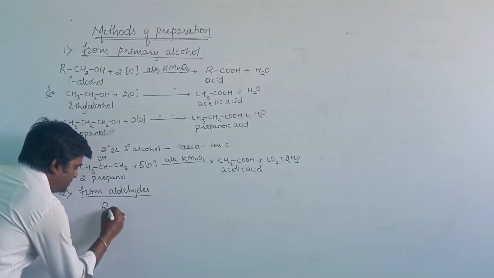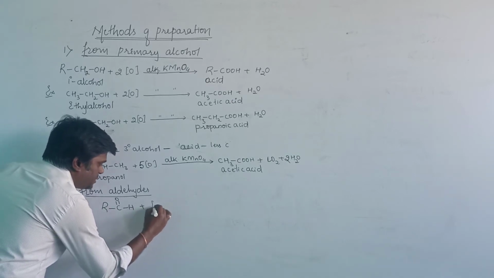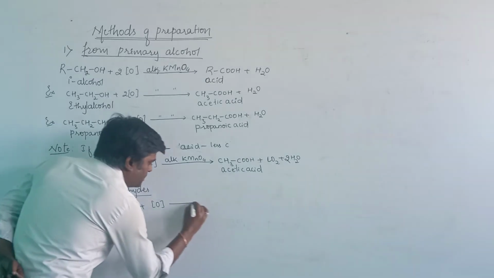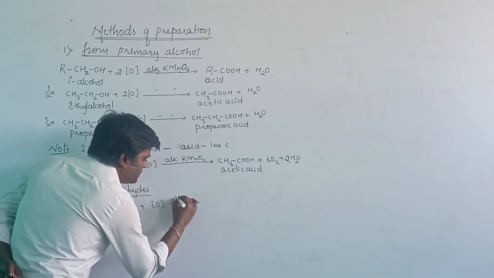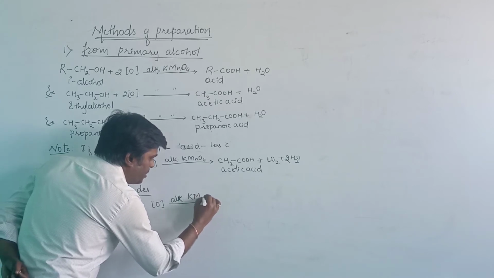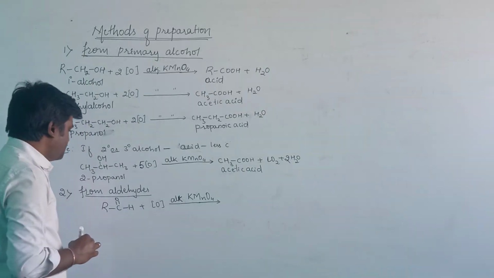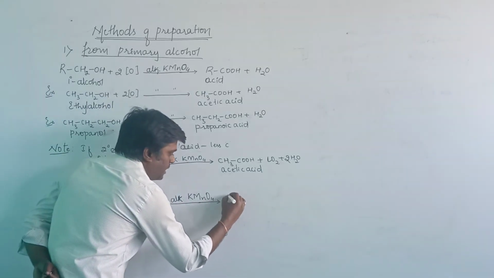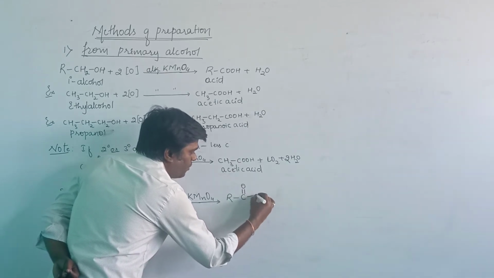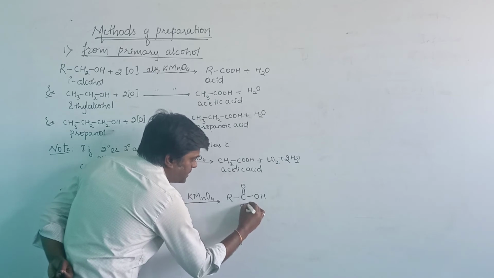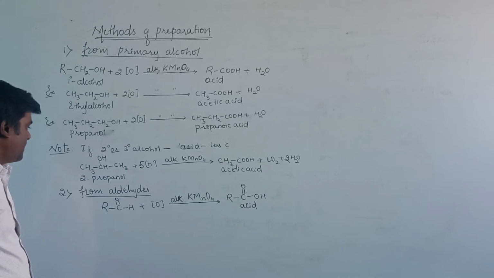That is aldehyde RCHO, when undergoing oxidation in the presence of alkaline potassium permanganate or acidified potassium dichromate, gives the compound carboxylic acid, that is RCOOH. This is the general representation for this reaction.